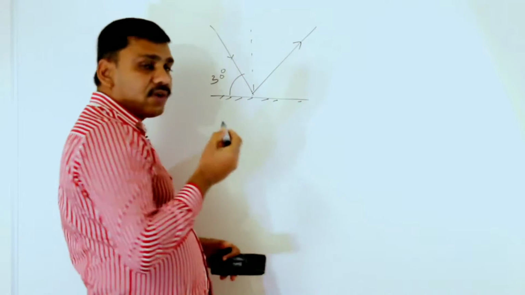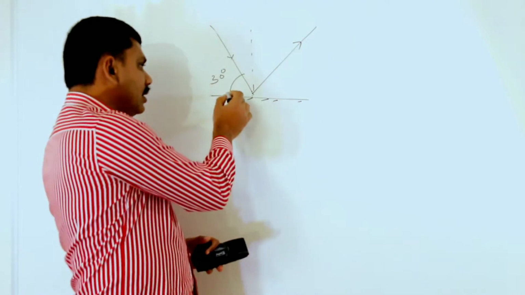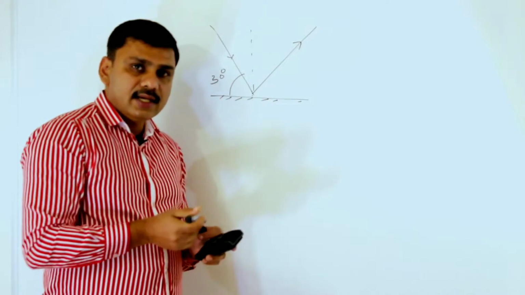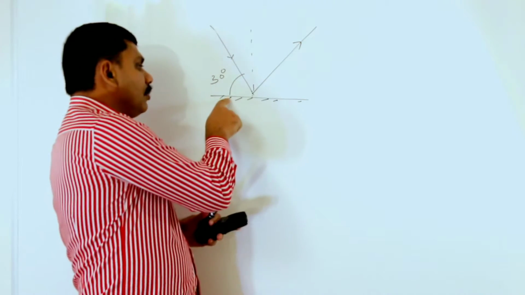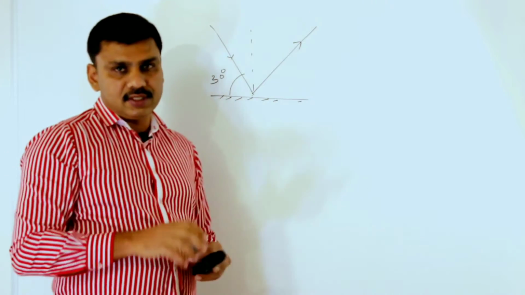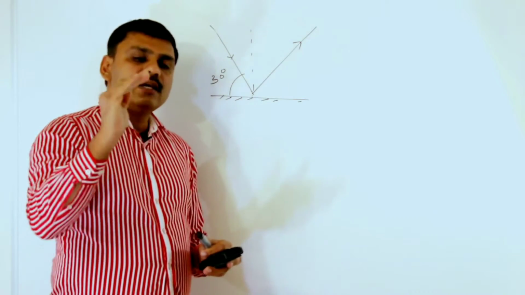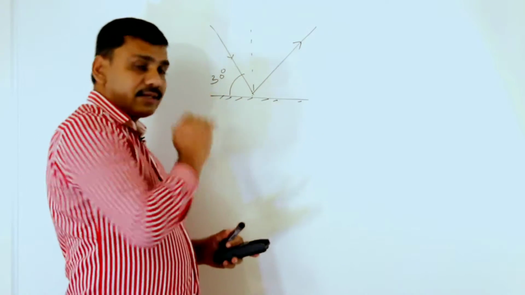What is the angle of reflection? So here the angle is 30 degree. Here the 30 degree is from the surface to the incident ray. It is not the angle of incidence. Here 30 degree is shown from the surface to the incident ray.